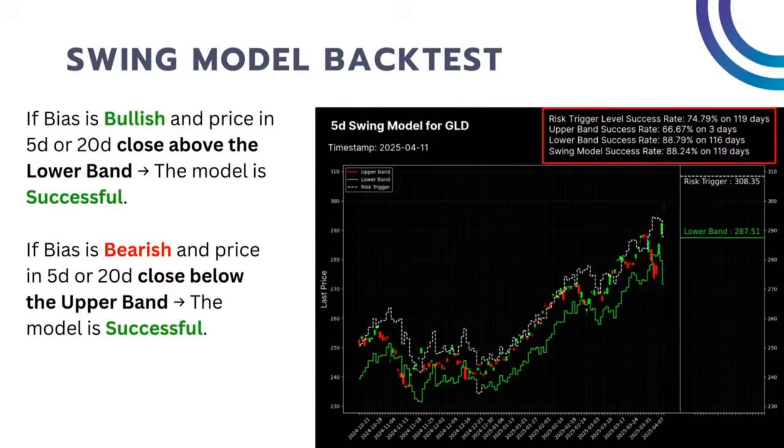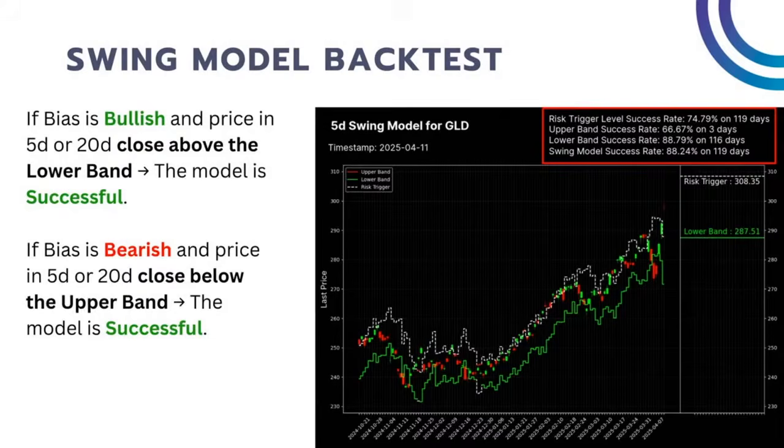Then we can look at how to read the data. If we have a bullish bias and the price 5 days or 20 days from now closes above the lower band, then the model is successful. In this case, the model is showing us a 287.51 level.